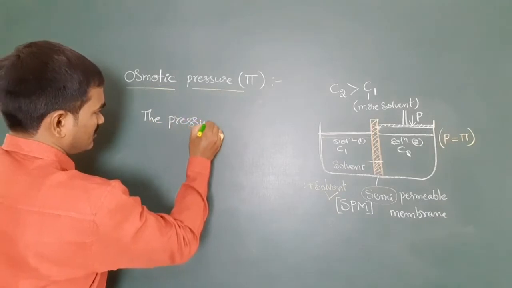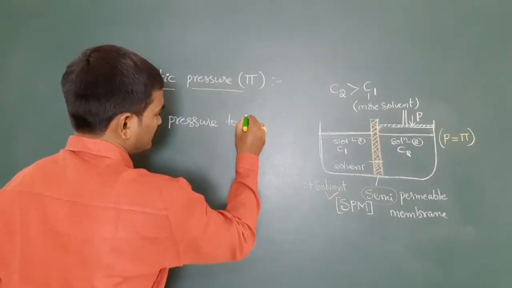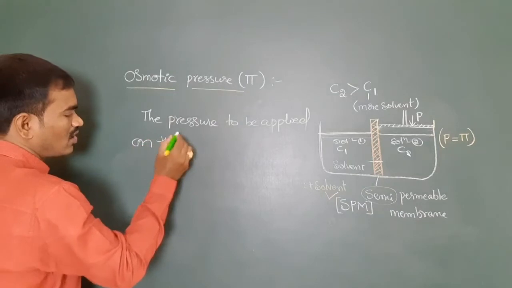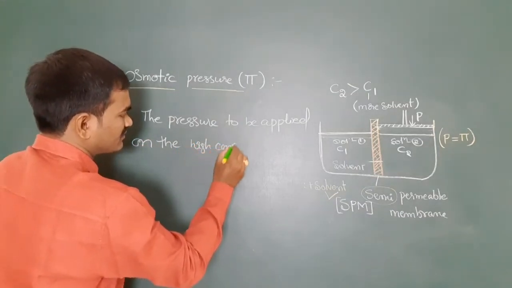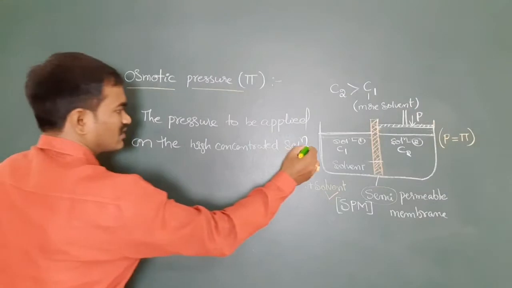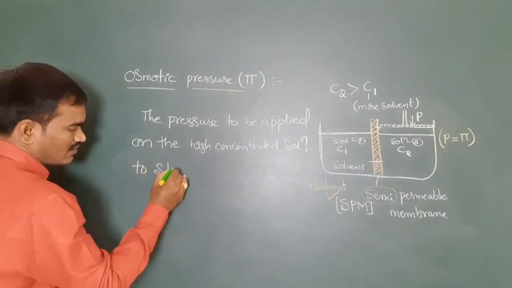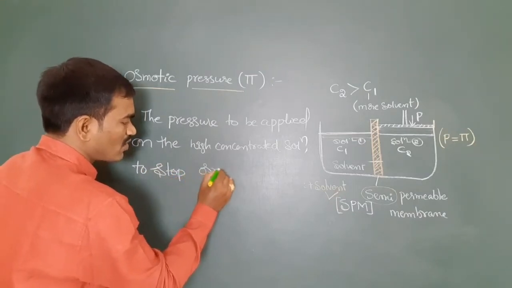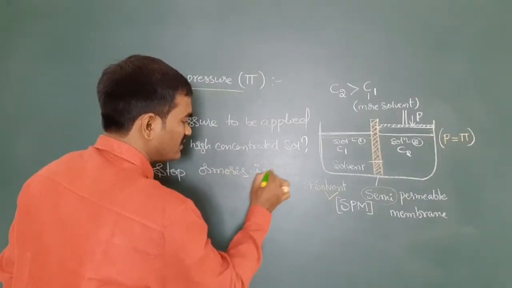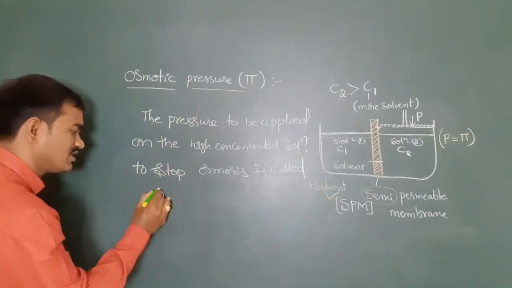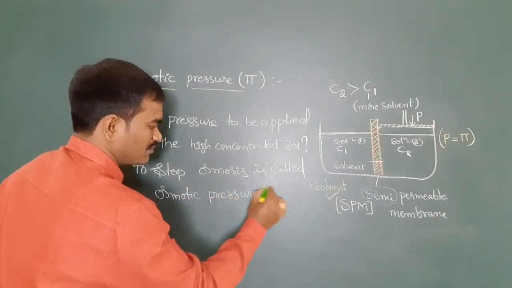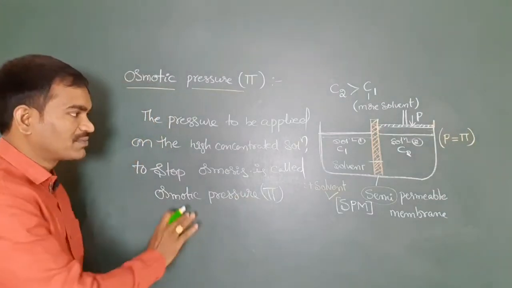Take it down: the pressure to be applied on the high concentrated solution to stop osmosis is called osmotic pressure, which is represented by pi. Have you got it? So up to here the definition is also completed.